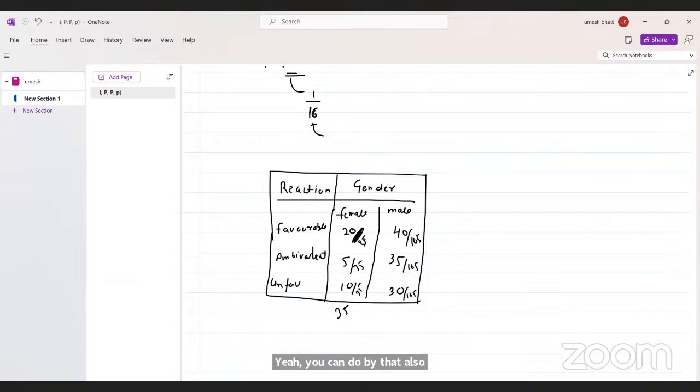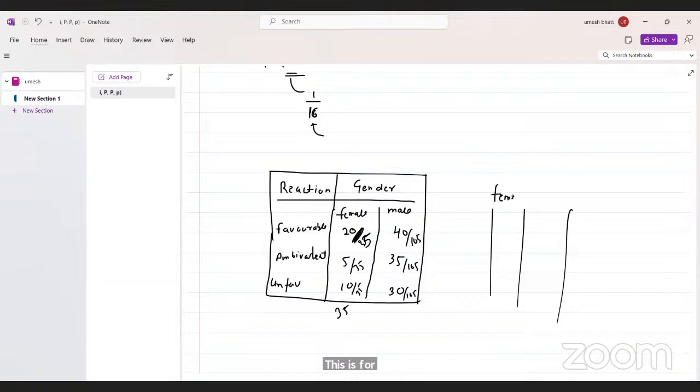I am writing the answer in the next block like this. This is for female and this is for male. So this is 20 divided by 35, which is 4 by 7.